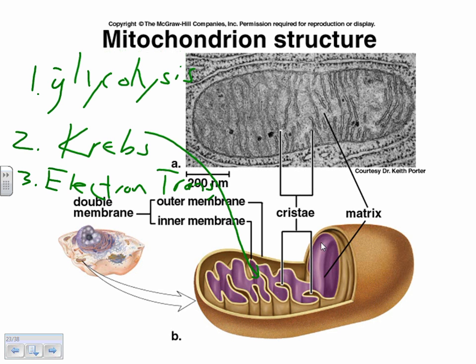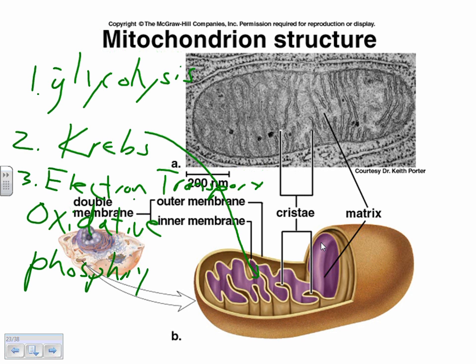I prefer, though, for this class, to call it something a little bit different. We're going to call it oxidative phosphorylation. Now, that's a big sounding word. We'll get into what that means later. But oxidative phosphorylation or electron transport happens on this inner membrane.